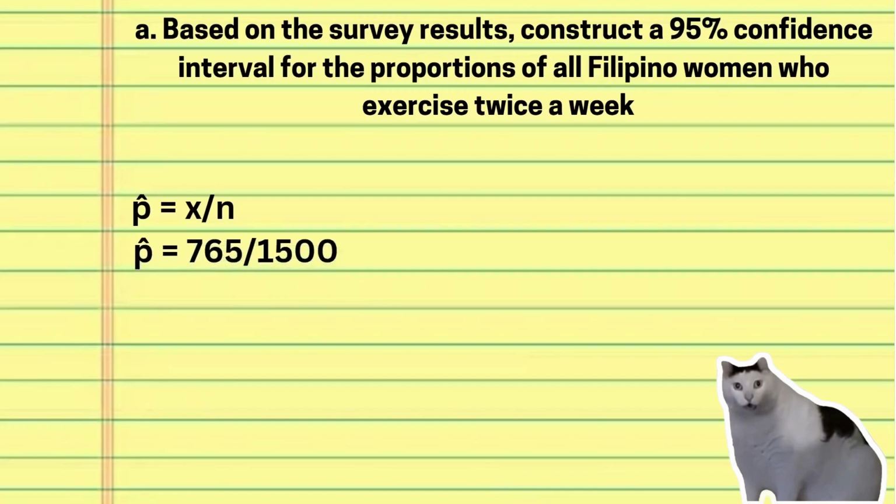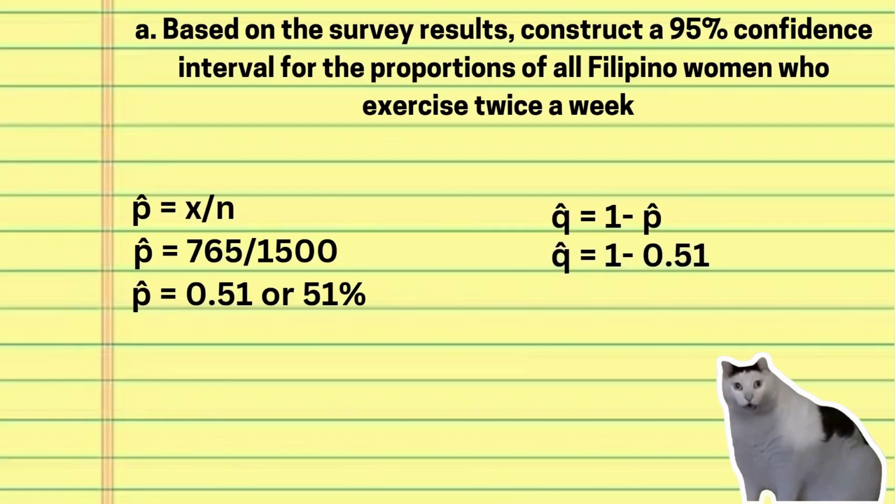The equation will go 765, which is the number of Filipino women who exercise twice a week, over 1,500, which is the total number of women surveyed. So 765 divided by 1,500 is equal to 0.51 or 51%. For q, the formula is 1 minus the sample proportion. So 1 minus 0.51 is equal to 0.49.